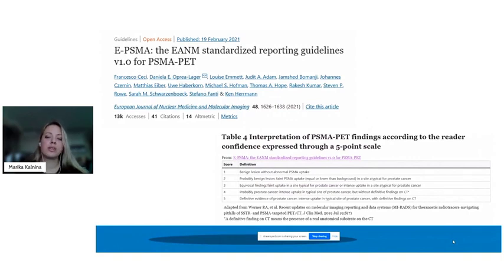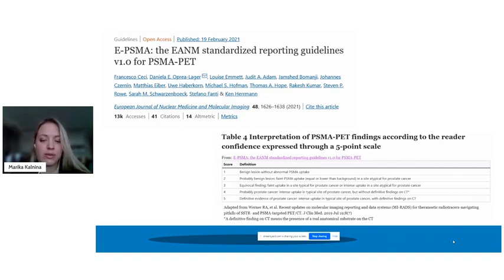And also in the last years, there are some guidelines on how to report the PSMA PETs, and it's actually important for us to report the same as the rest of the world. At the beginning, they introduced the PSMA-RADS system, but now it is more recommended to use MI-RADS.